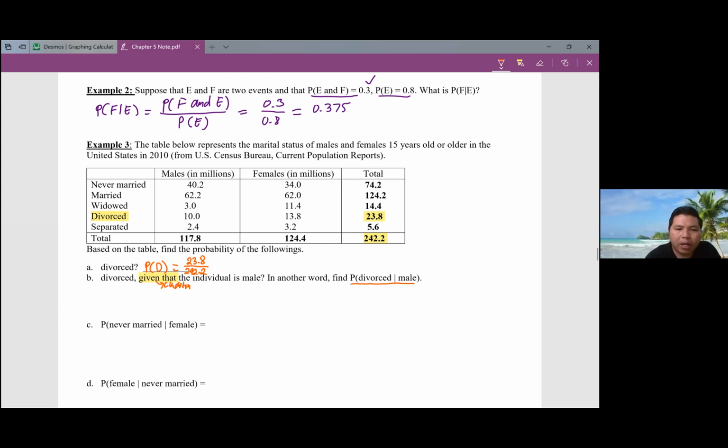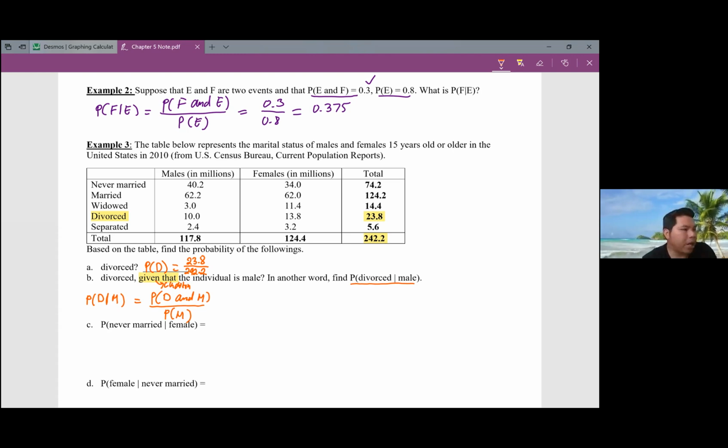By the formula, the probability of divorce given that it's a male is equal to the probability of divorce and male over the probability of male. So we have to find out what they share together divided by the given condition.